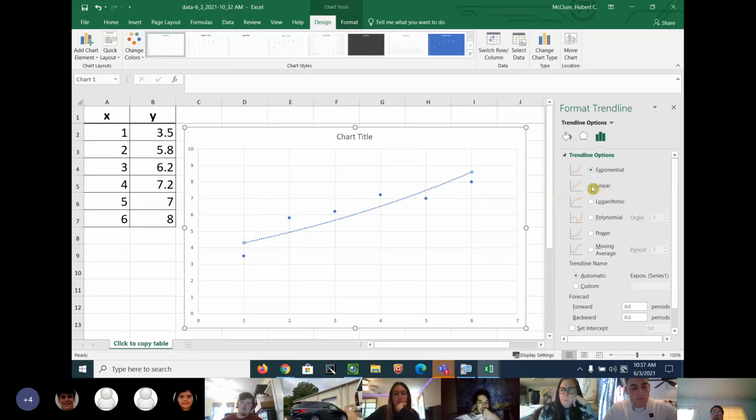There's linear. I like linear. Let's see logarithmic. No, logarithmic's out. Although you could argue that the logarithmic is taking into account the 3 that are above the line. You could argue that.